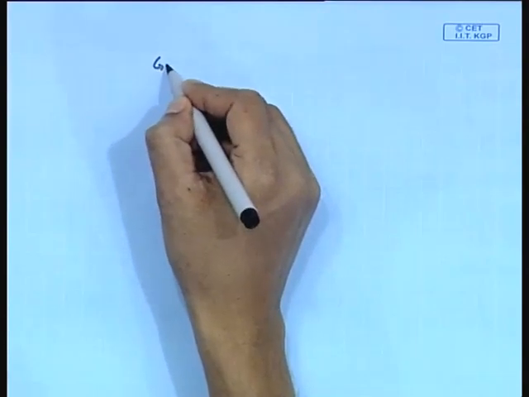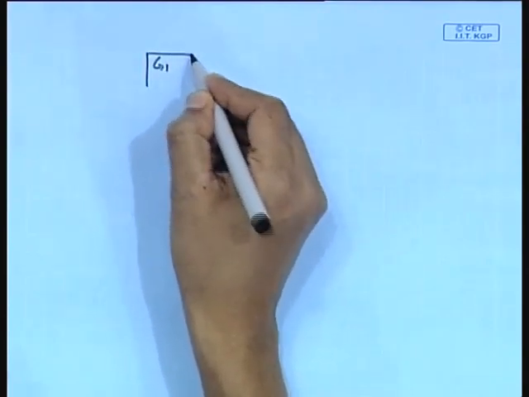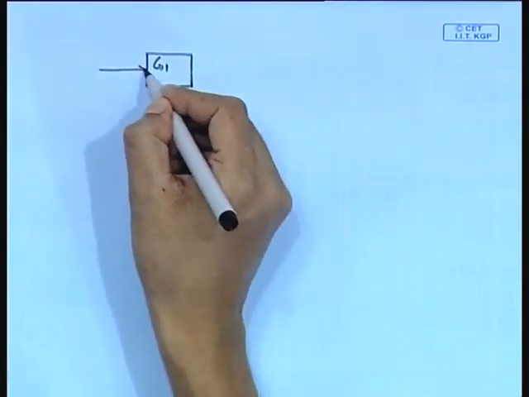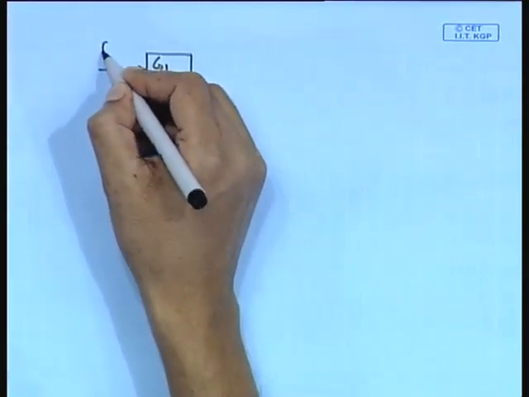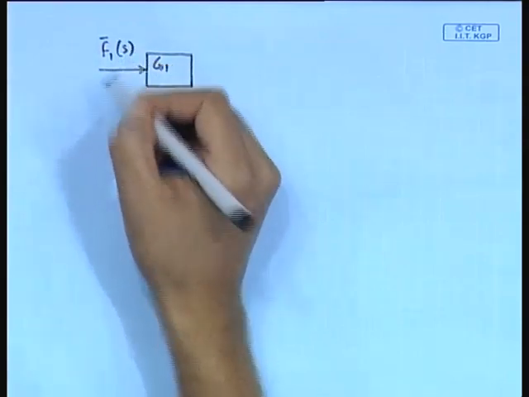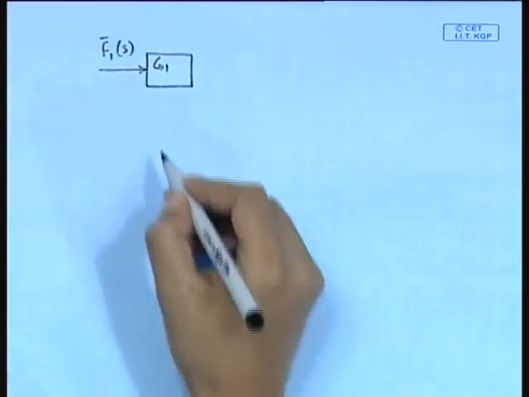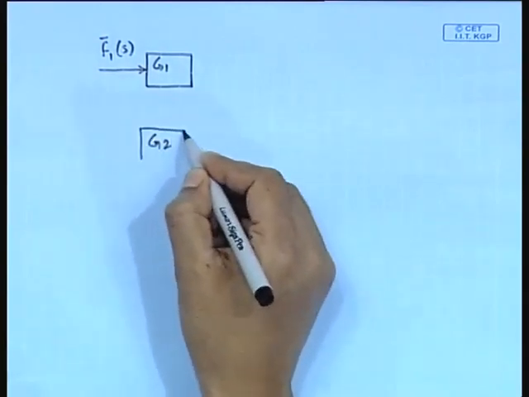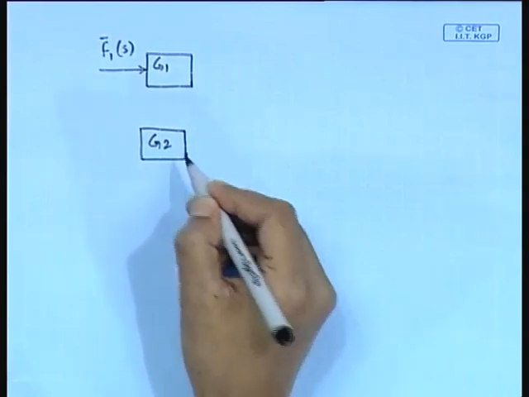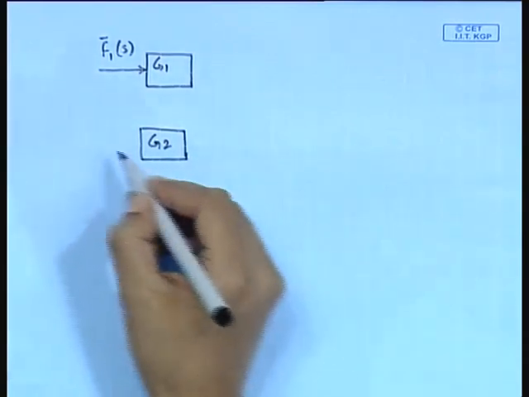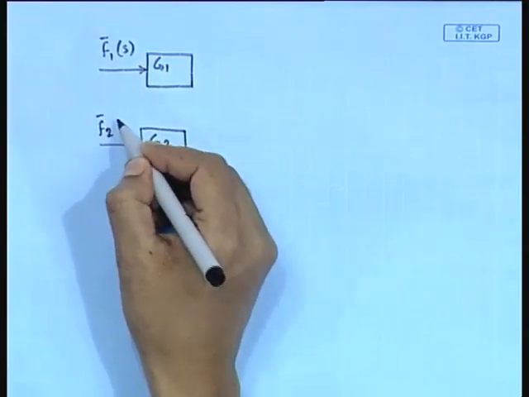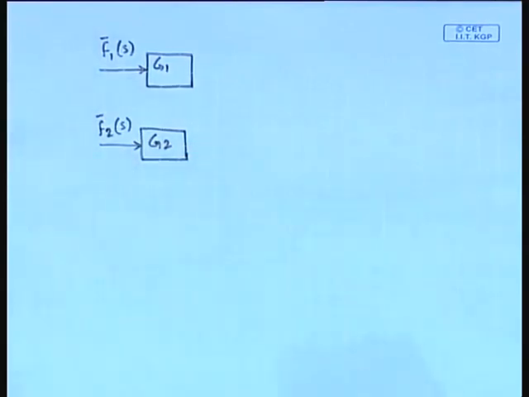So, one block for G_1, input to this G_1 is f_1 bar(s). Another block we need to use for transfer function G_2. Input to this block is f_2 bar(s).